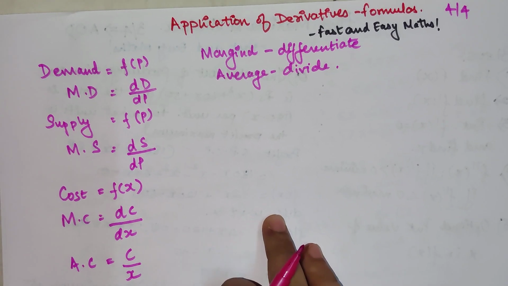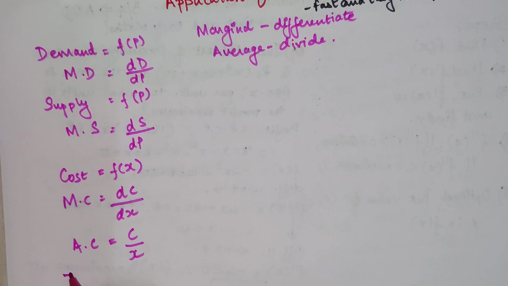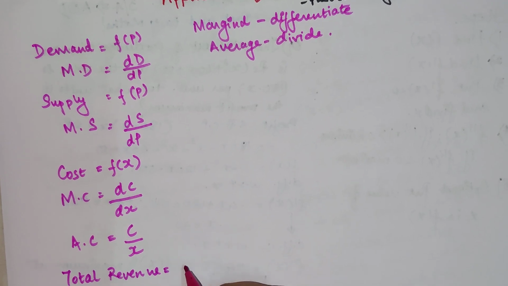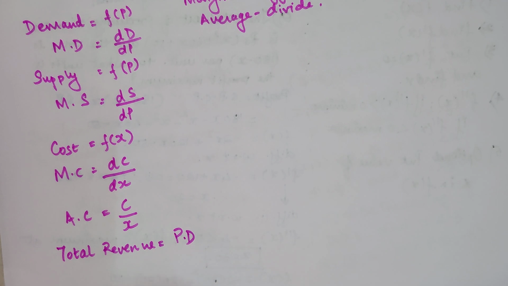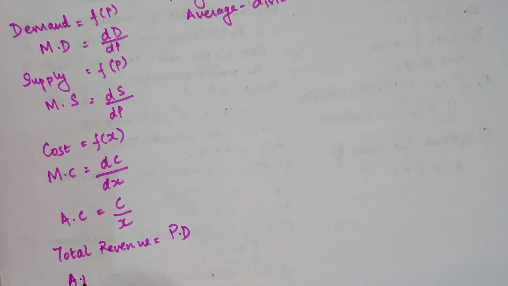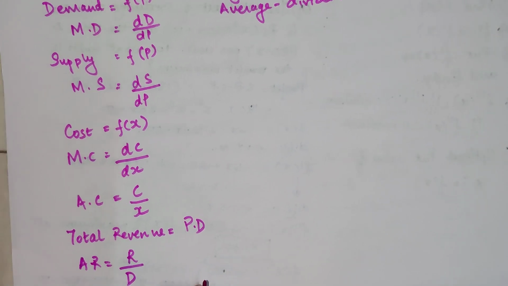Now students, coming after cost, let's come to revenue. So total revenue is equal to price into demand. And average revenue, you divide it by demand.